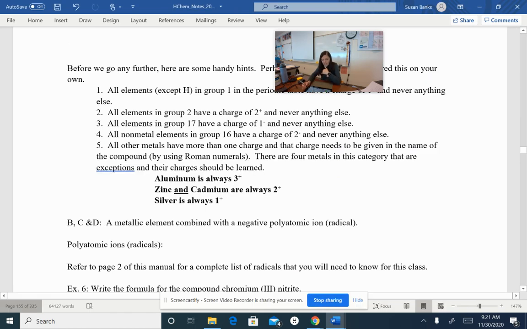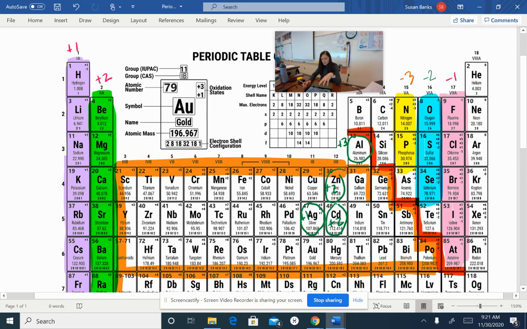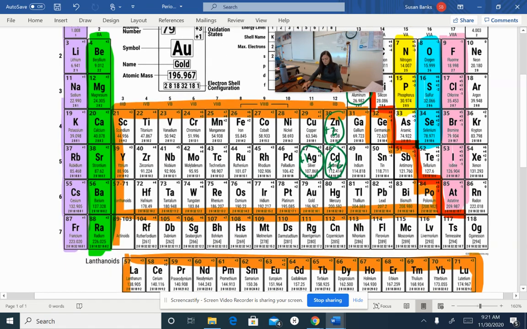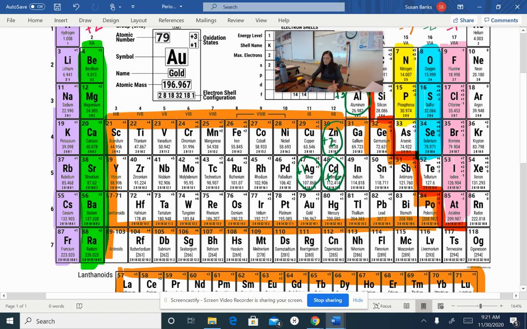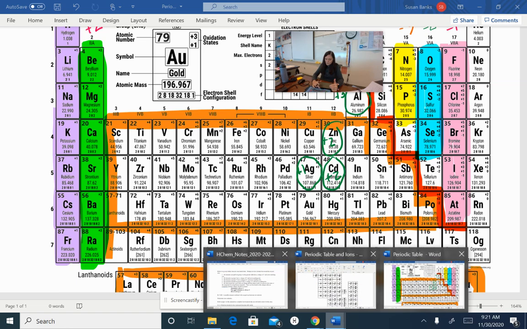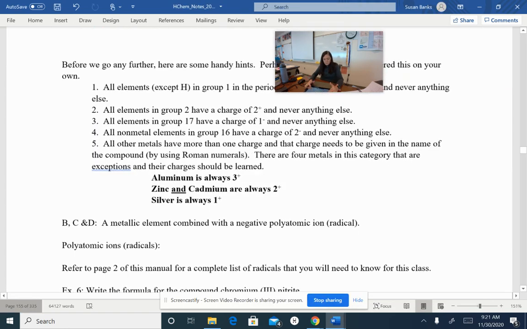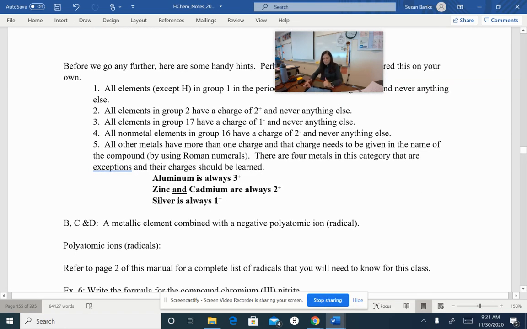Okay, and all other metals have more than one charge, and that charge needs to be given in the name by using Roman numerals. Okay, and we outlined all the transition metals in orange. So those all need to have Roman numerals with the exceptions of aluminum, zinc, silver, and cadmium. Okay, so aluminum's always +3, zinc and cadmium are always +2, and silver is always +1.